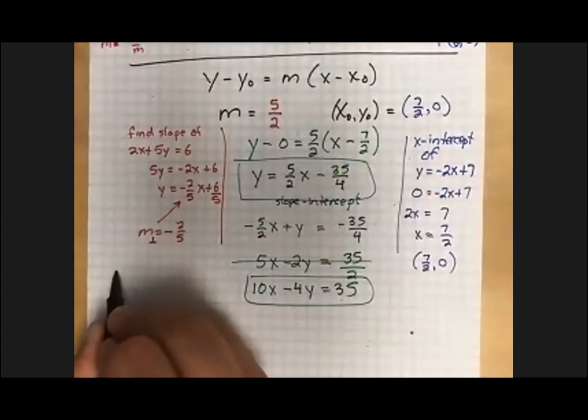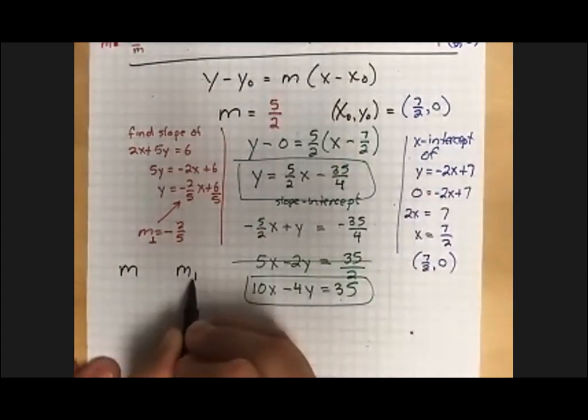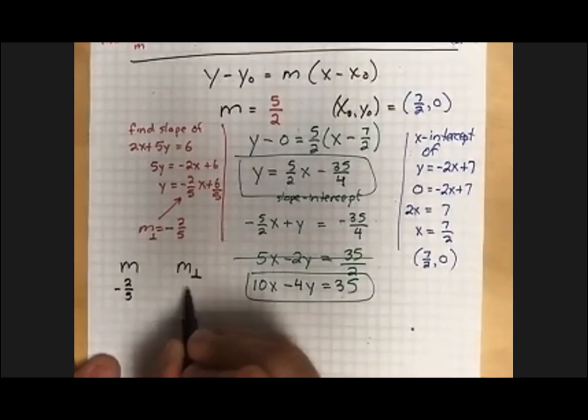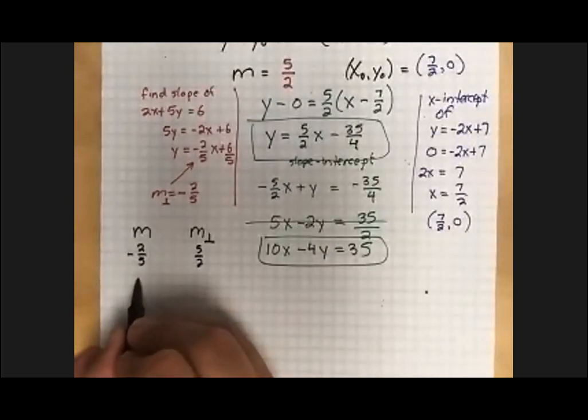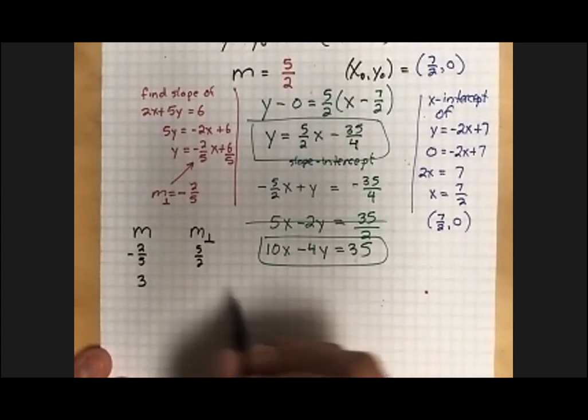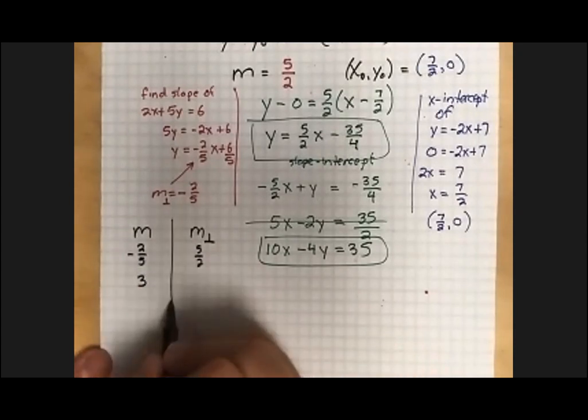So if you have one slope, then for the perpendicular slope, you have to do both: change the sign and flip it over. By the way, what's perpendicular to 3? Change sign, no problem.